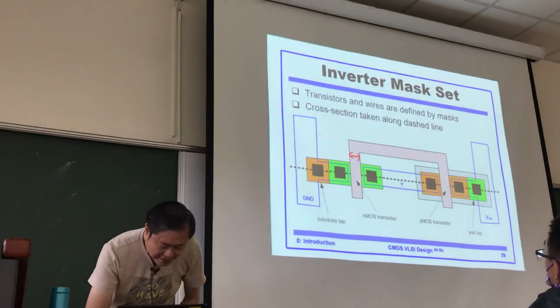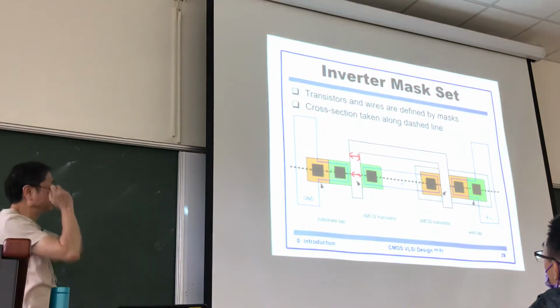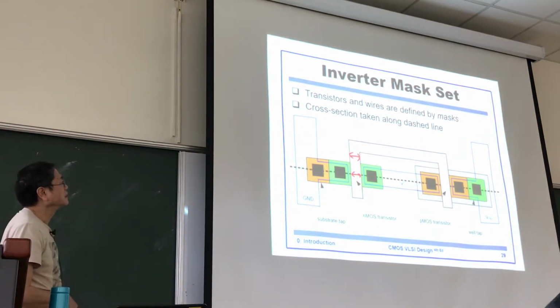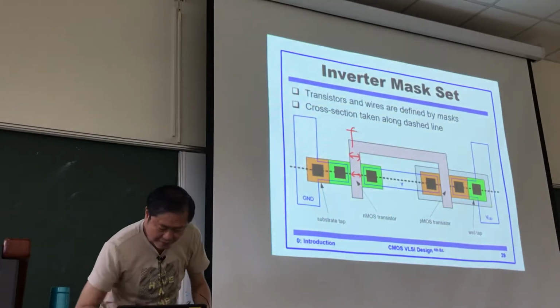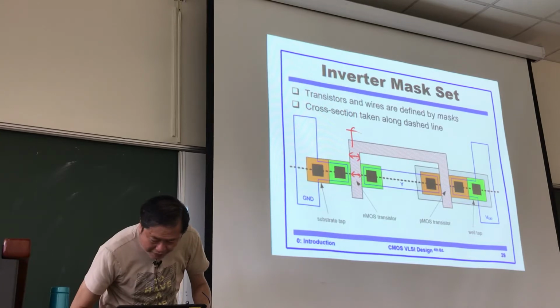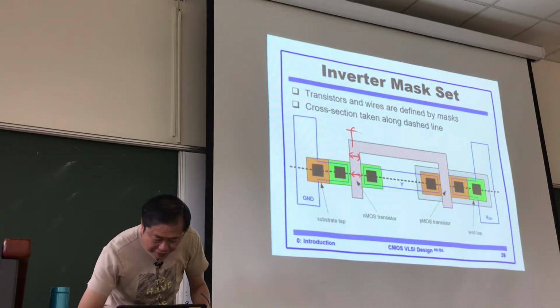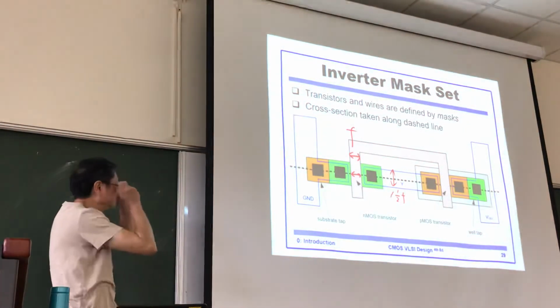Also, the channel length for the minimum transistor, the smallest transistor. It's F. However, in the other materials, for example, for the metal here, you need 1.5 F. So it's not convenient.